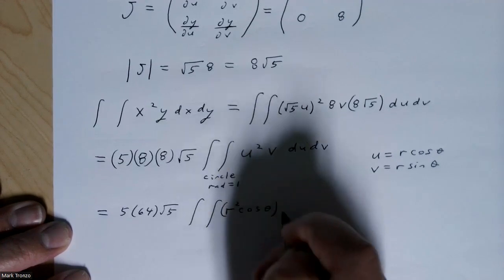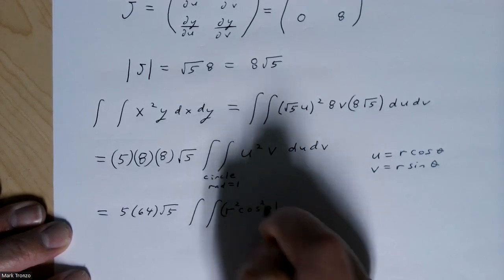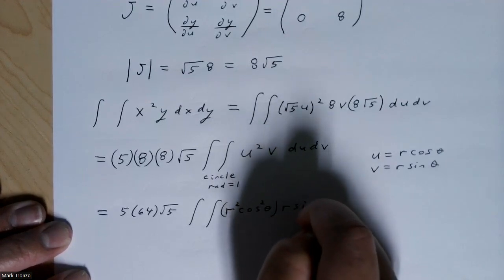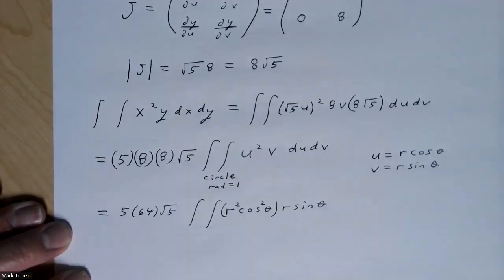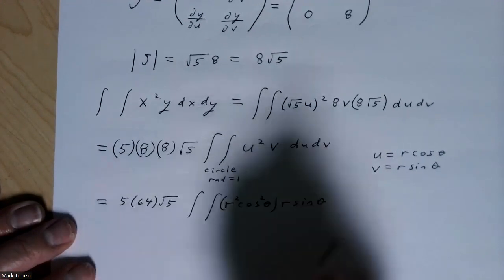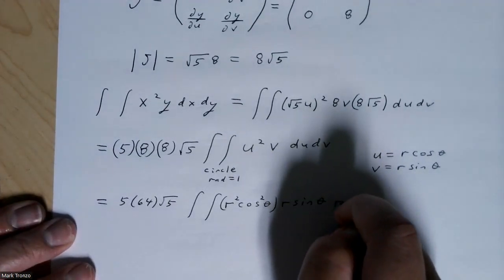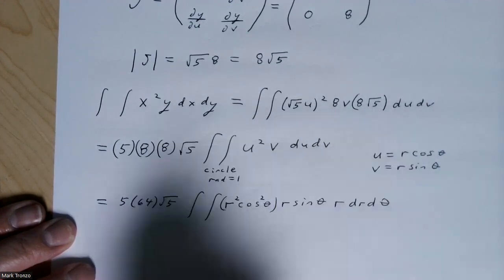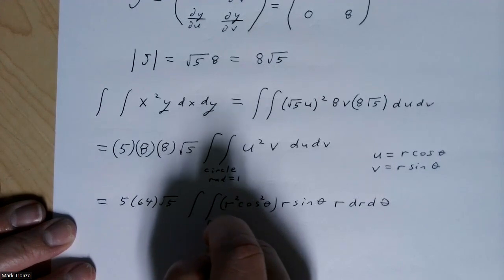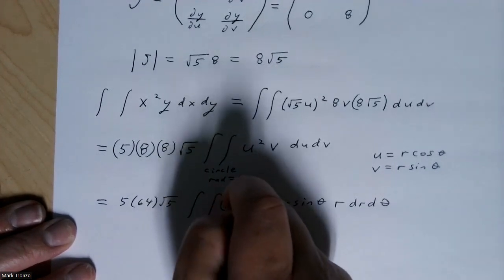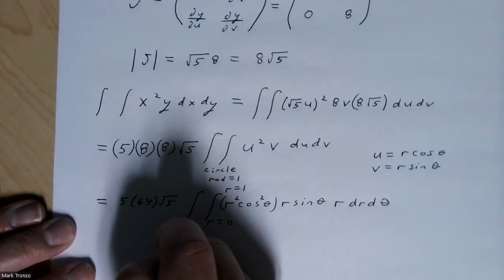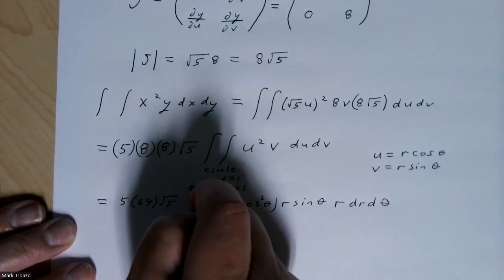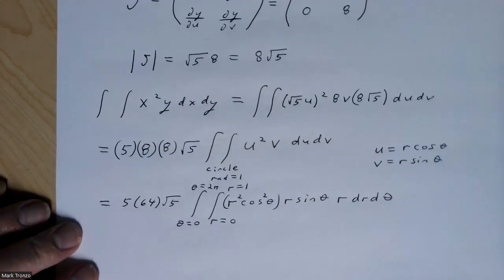And I'm going to just go ahead and put the square in right now. Square each of those. And this is going to be r sine theta. And remember, when you change to polar, you have to have that Jacobian. Remember, that's always r, and of course dr d theta. And it's a circle radius 1. Like this.